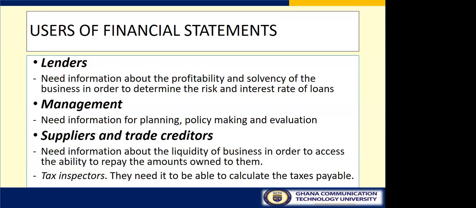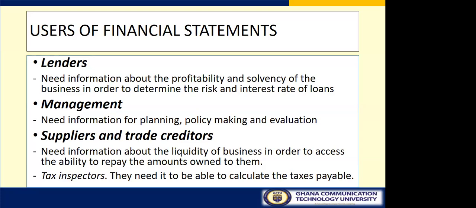Okay, who is a trade creditor? Trade creditors are the individuals who supply goods to an entity on credit. Once you bring goods on credit, the person becomes a trade creditor.